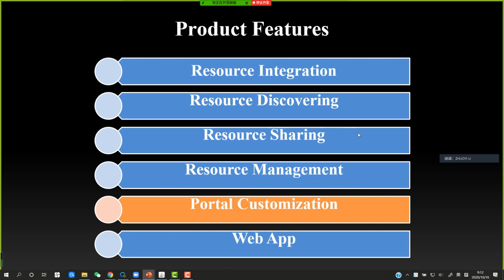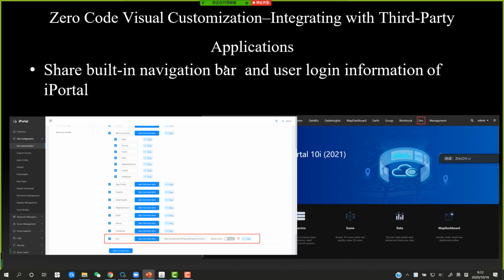So next, that is portal customization. Okay, we have mentioned it in our first class. We could do a zero-code customization, and in the applications in the index, we could share the built-in navigation bar and user login information of the app portal.